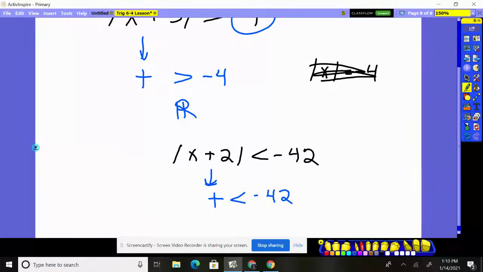Is a positive number ever smaller than a negative? No, this never happens. So in this case, no matter what you plug into x, it's never going to work. Never going to work. And again, special situation when you have an absolute value and you have it being less than or greater than a negative, you have to pay attention and think it through because it's a special case. Hope all that makes sense to you.